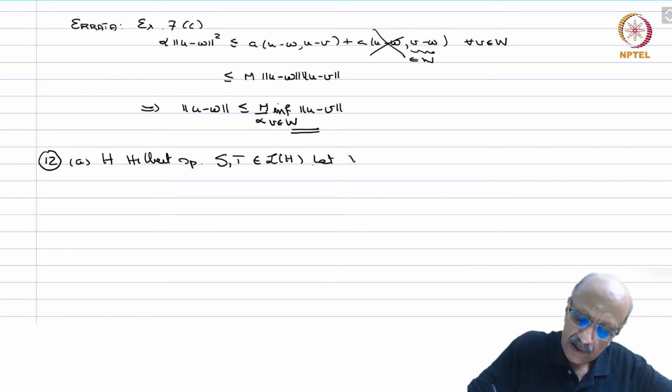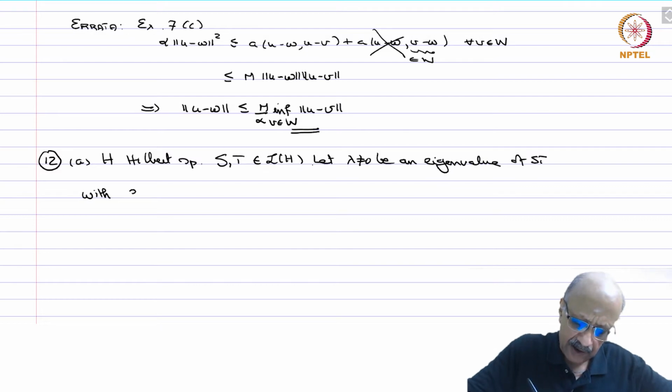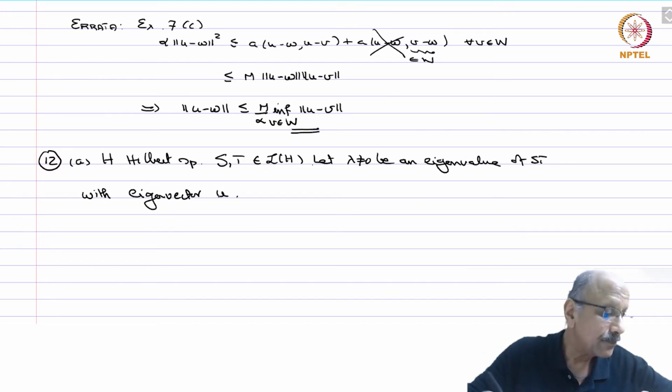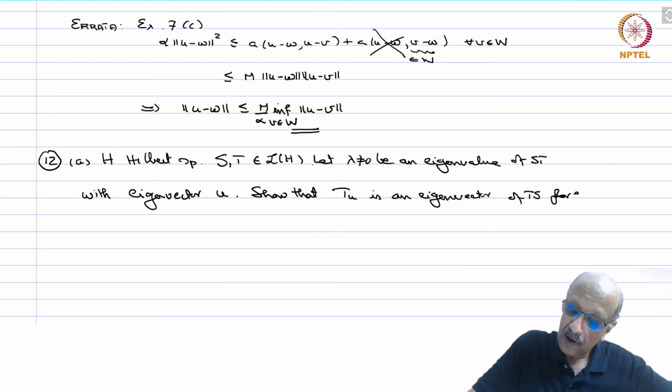Let lambda not equal to 0 be an eigenvalue of ST with eigenvector U. Show that Tu is an eigenvector of TS for eigenvalue lambda. Okay, so the solution, this is very easy.